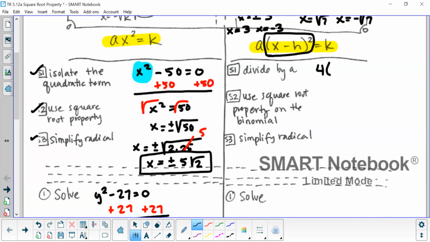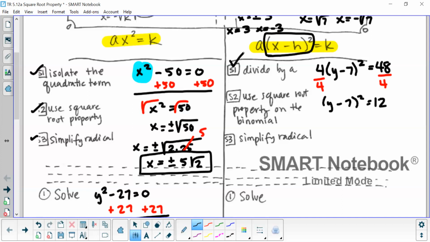4 times y minus 7, parentheses squared or quantity squared, equals 48. So we start by dividing by whatever you're multiplying on the outside, which is the 4. So now I have y minus 7 squared equals 12.